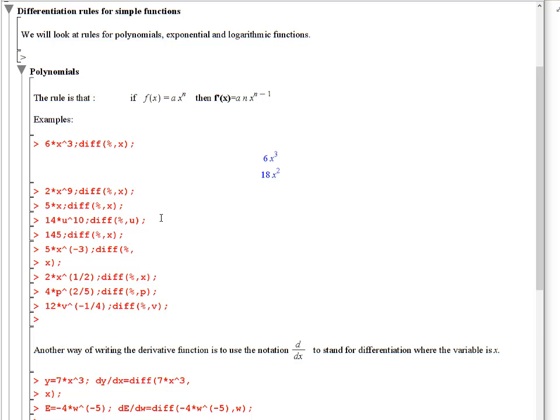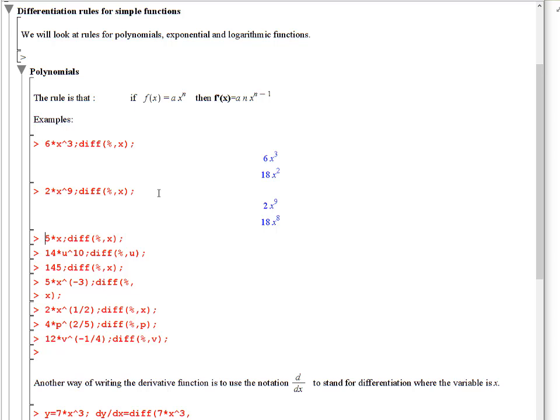With all of these, as I go through them, you should be pausing the video, checking that you can predict what the derivative is going to be. So here we have 2x to the power 9. I'm going to differentiate that, so you should predict what it's going to be. And it's going to be 18x to the power 8. 2 times 9 is 18, and 9 goes down to 8.